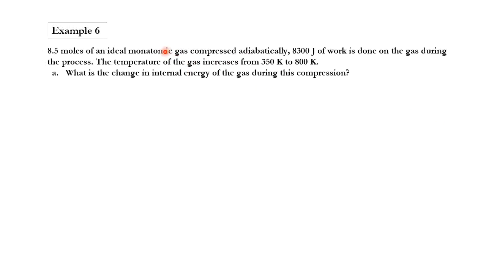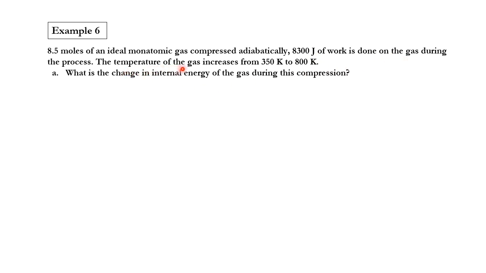Next example, example 6. 8.5 moles of an ideal monatomic gas is compressed adiabatically. 8,300 joule of work is done on the gas during the process.